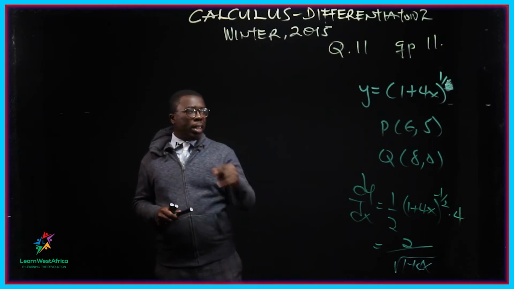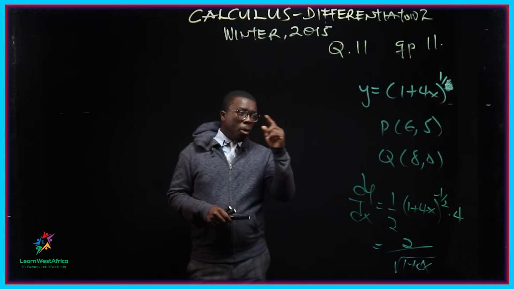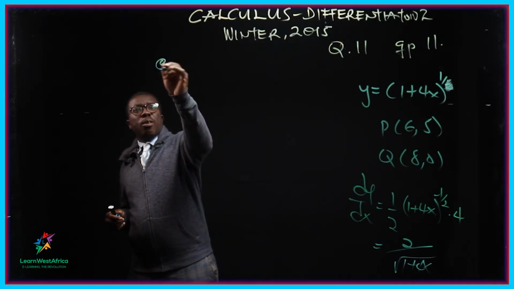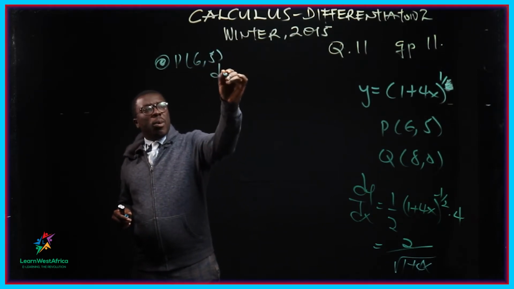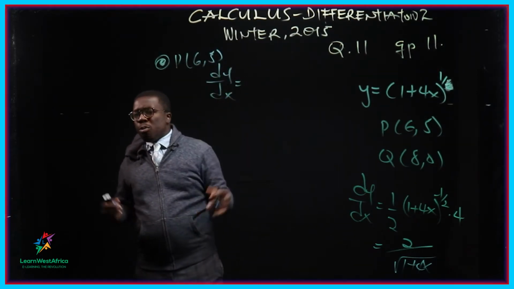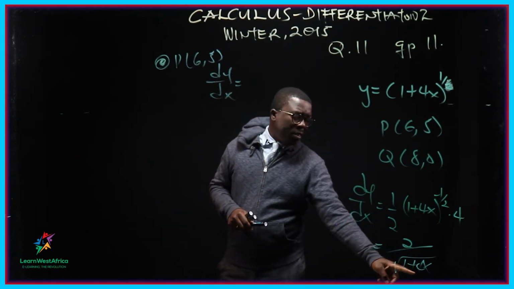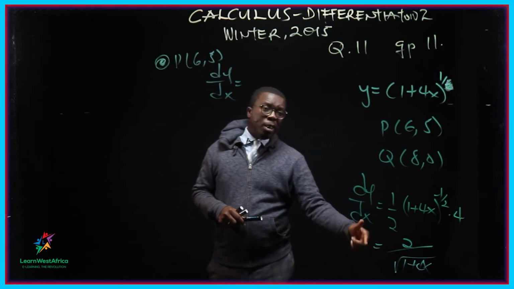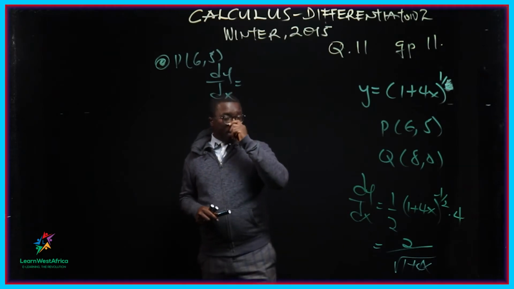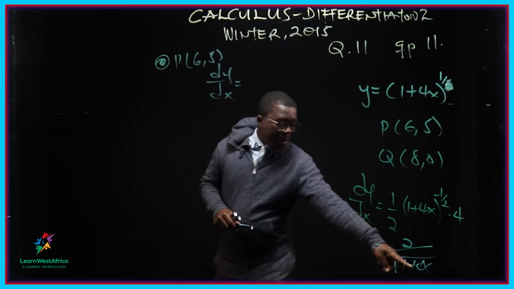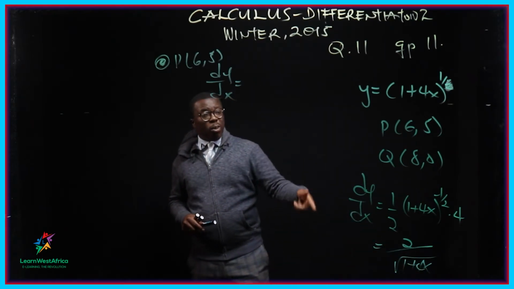So what is the gradient of the curve at point P? At P, which is (6, 5), we slot x in. When you put x equal to 6, 4 times 6 is 24, plus 1 gives 25.